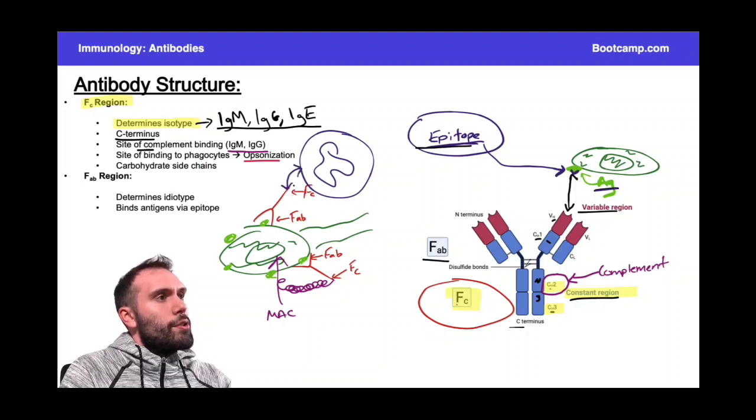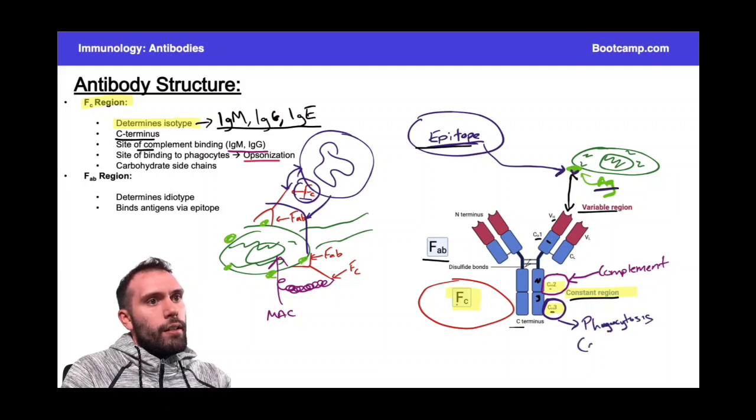Okay, so it's going to have a receptor here that can bind to this FC portion, and that FC portion will essentially stimulate this phagocytic cell to then undergo phagocytosis and digest this bacteria. Okay, again, binding to the FC portion. And so that's actually going to happen here at this third heavy fragment. This is where we're going to stimulate phagocytosis through opsonization. I'll just put that down here, opsonization.